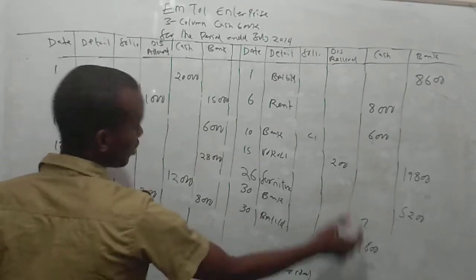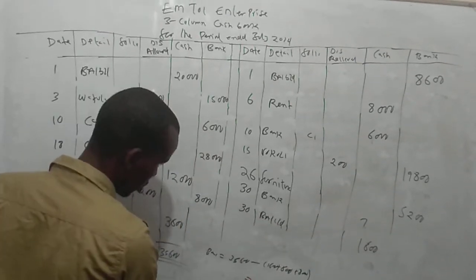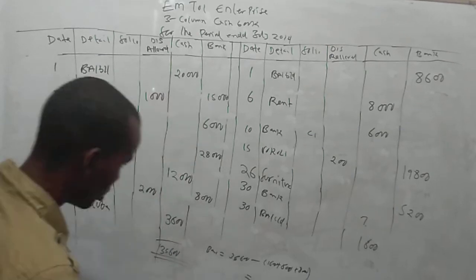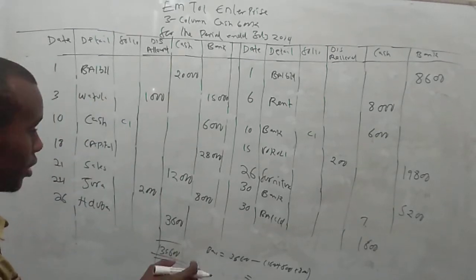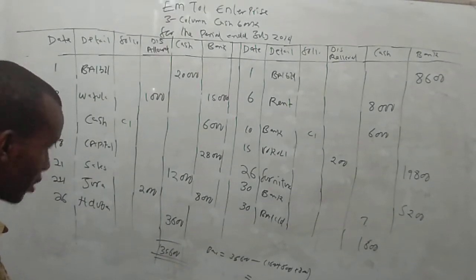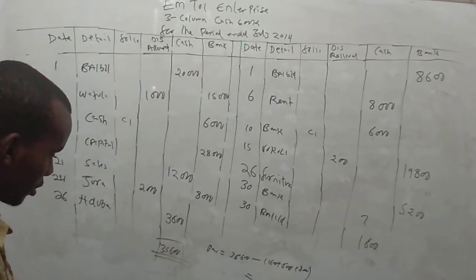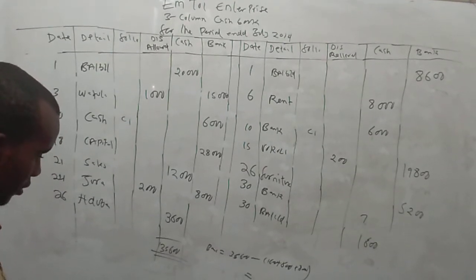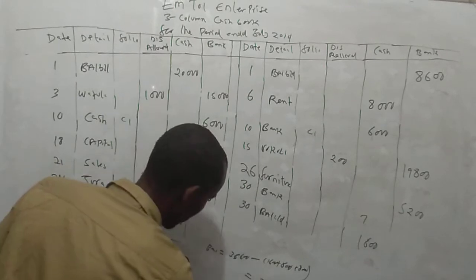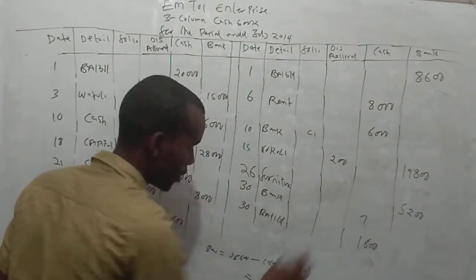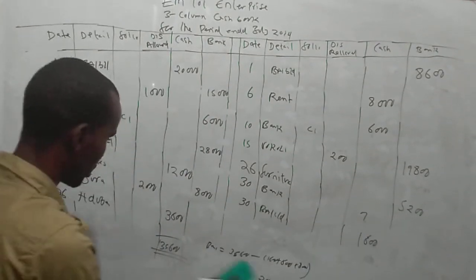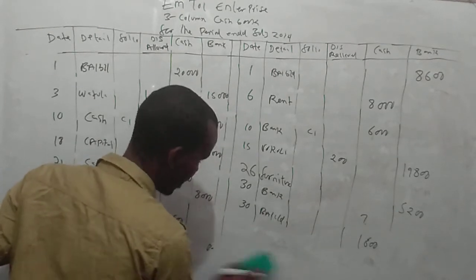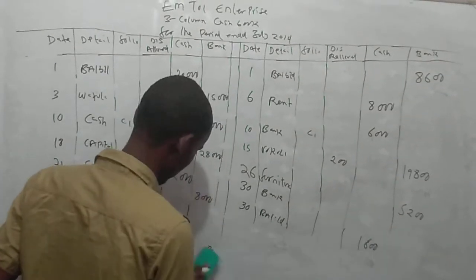So you can take 35,600 minus 1,600 minus 6,000 minus 8,000. This comes to 20,000. So the amount to be banked is 20,000.